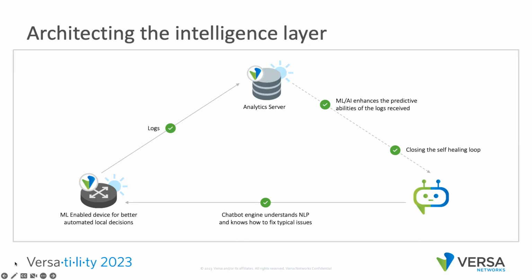And to close the self-healing loop, our chatbot Verba understands what needs to be done, how to troubleshoot a typical issue. So now, if you want to tie it all together, Vani will tell you what issues you're going to face in the future, and Verba is going to tell you how to fix these issues.